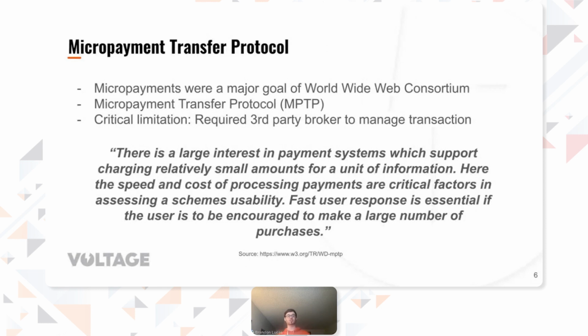Fast user response is essential if the user is to be encouraged to make a large number of purchases. So we already see that we want to minimize decision fatigue. We want users to be able to respond quickly. And something that's still a problem today is that credit card systems are pretty bloated and slow. Those are the two factors, the infrastructure and the decision fatigue that users feel, and these are the same problems we're having today.